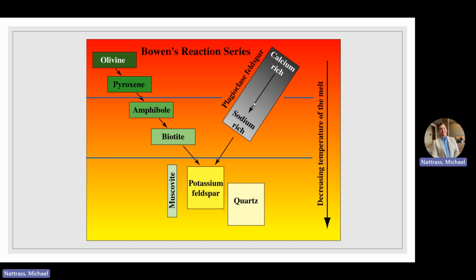Here we're showing Bowen's reaction series. Here are some of the minerals that I mentioned before, and we can see that as the temperature decreases, we start to have different formation of these minerals.